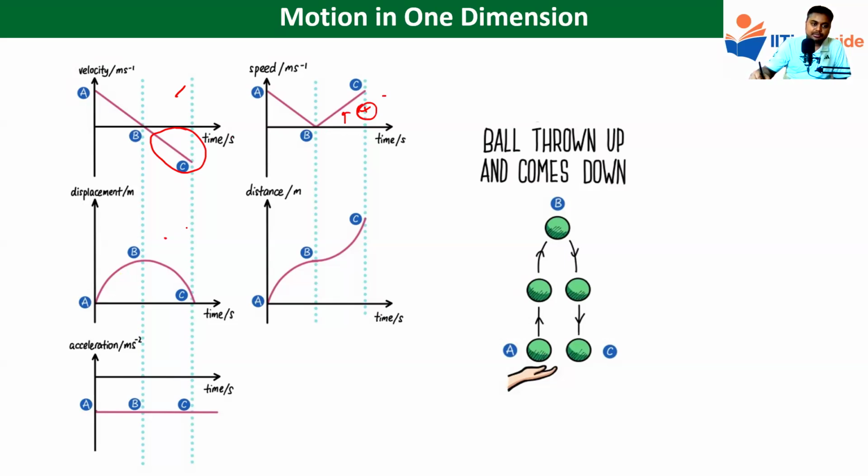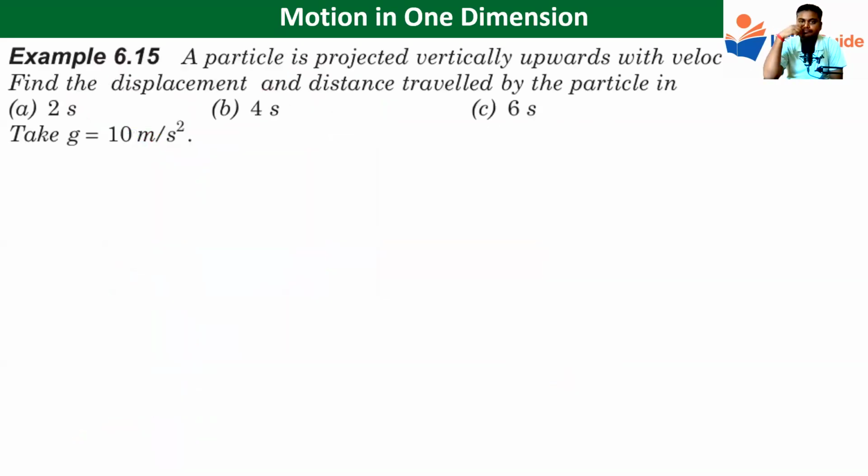The displacement time graph is this, distance becomes this, and the acceleration is constant, which is 9.8 meters per second square. Here we can see that it is negative. So that is constant. If it is clear, please raise your hand.